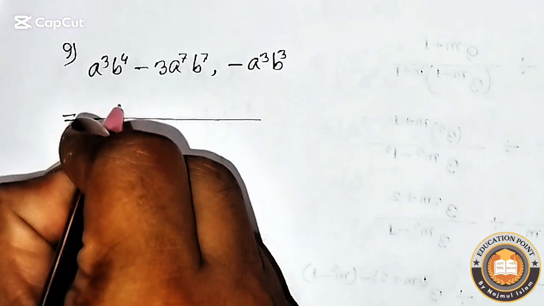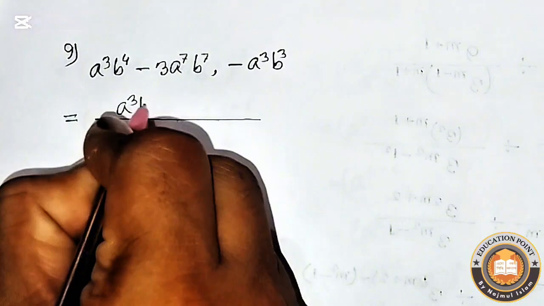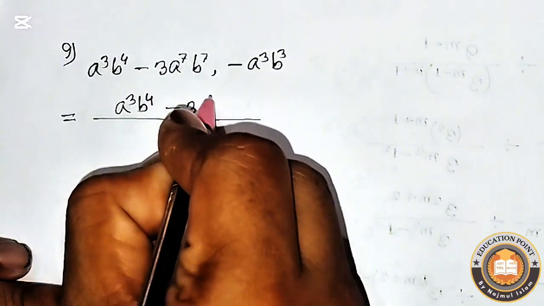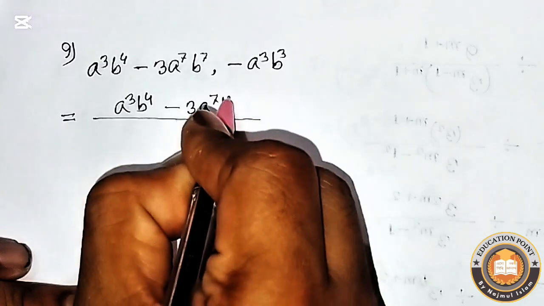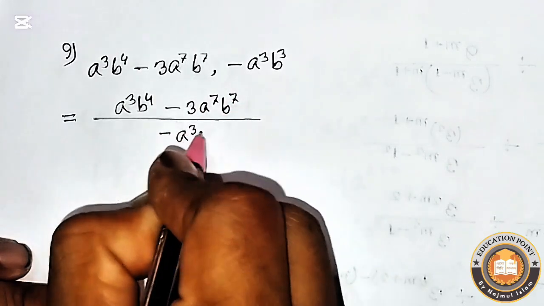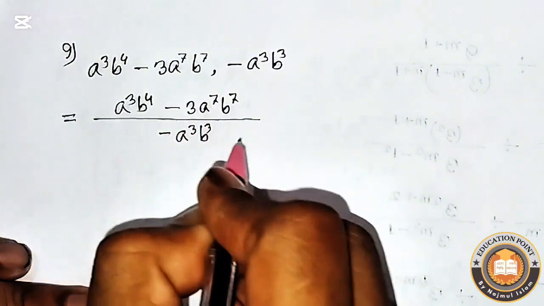Number 9: a cube b to the power 4 minus 3 into a to the power 7 into b to the power 7, divided by minus a cube b cube.